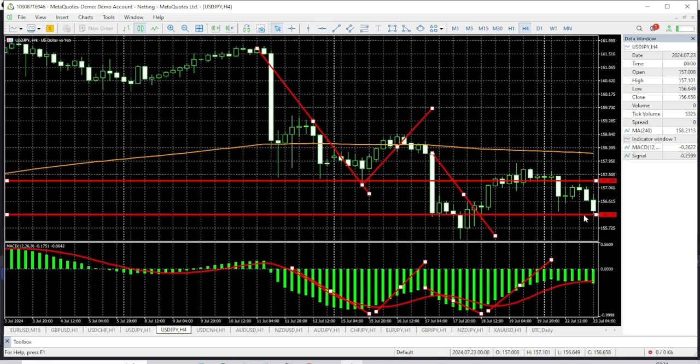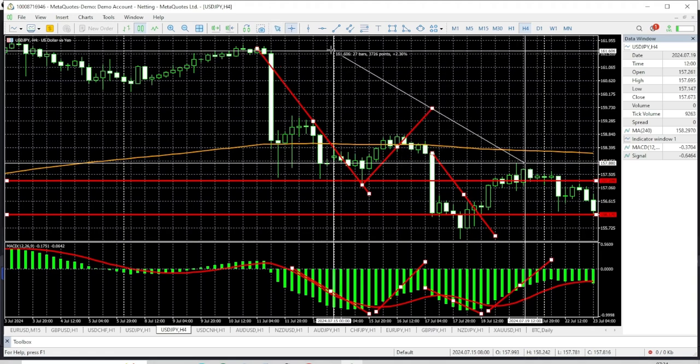Now, when you sell here, where will your initial stop loss be? Just make sure it is above the EMA 240. You can put it somewhere here. You can even put it very far away. Put it far away, please.